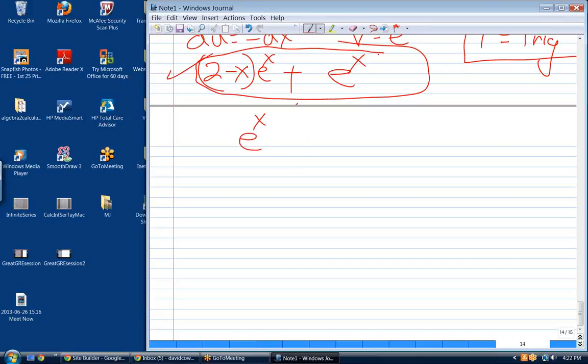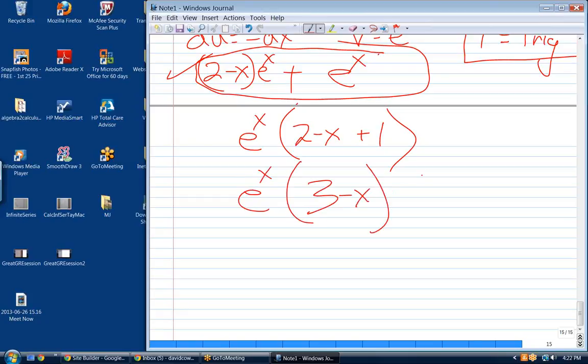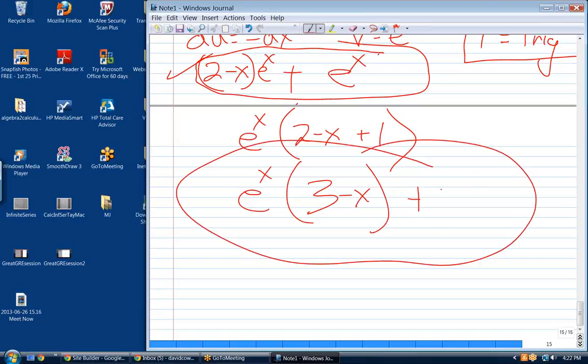And I'm not quite sure why they do it, as opposed to leaving it in an expression. I guess because it does simplify a little easier. All right. That makes sense.